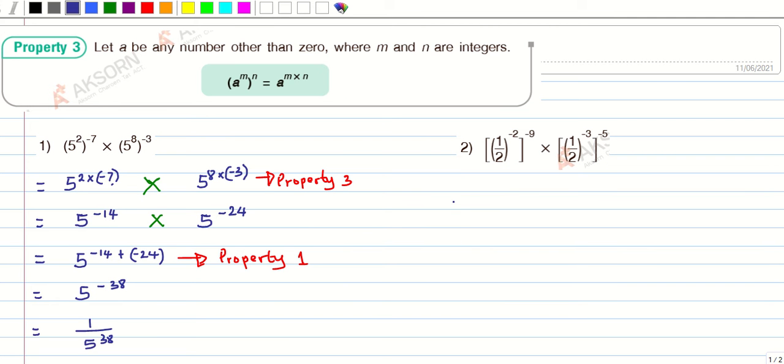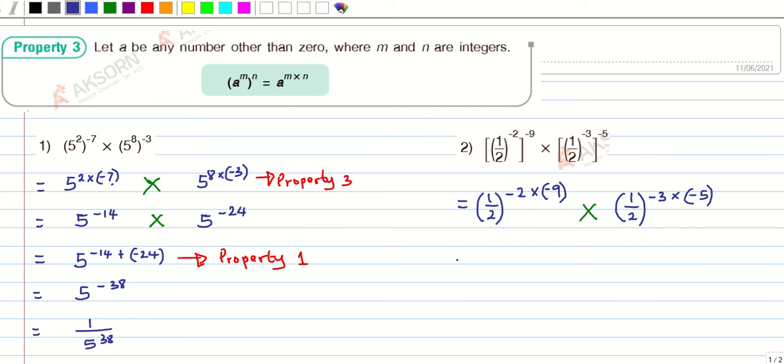So this will be a half to the power of negative 2 times negative 9, then times a half to the power of negative 3 times negative 5.